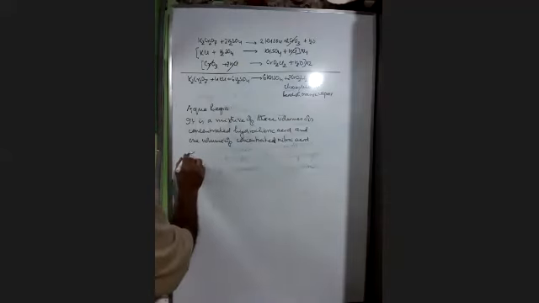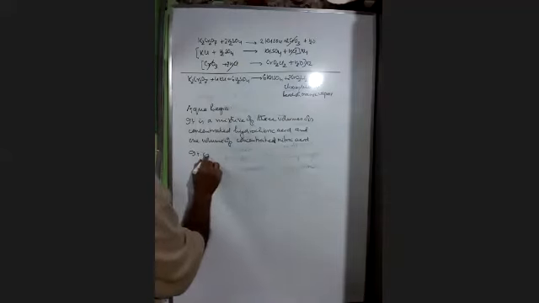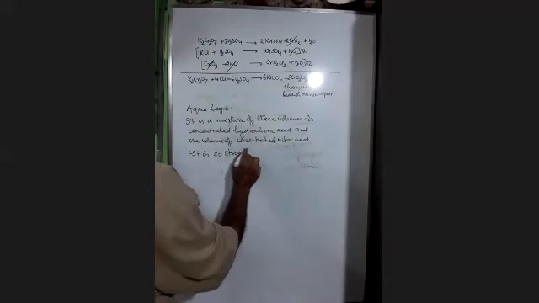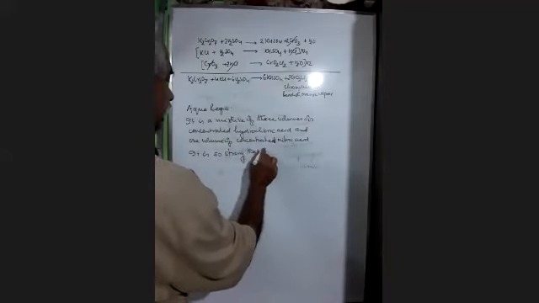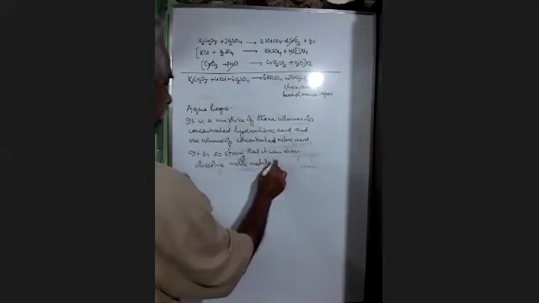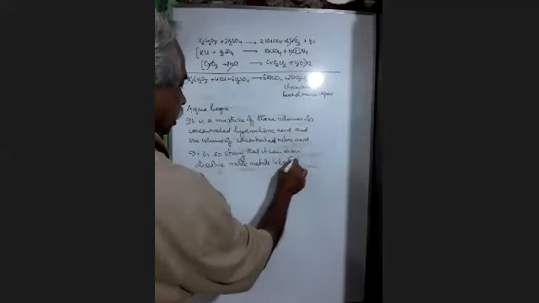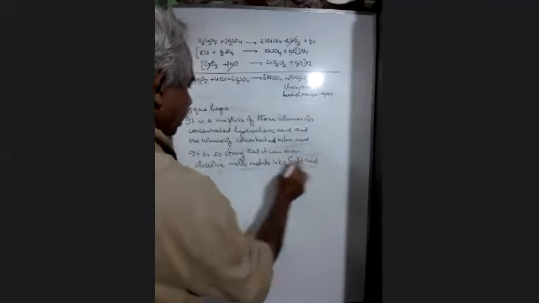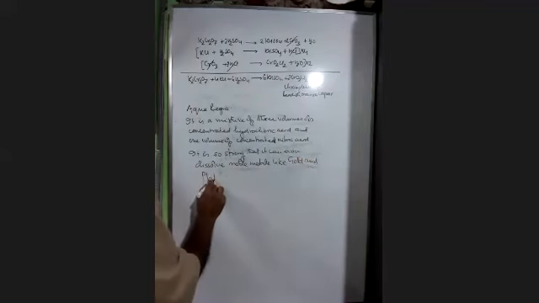You can write here now: it is so strong that it can even dissolve noble metals like gold and platinum. Why? What is the secret behind this?